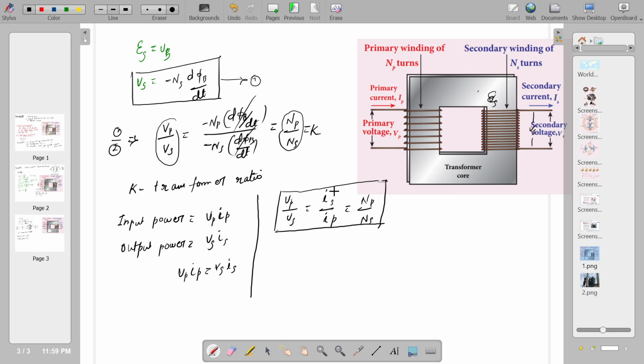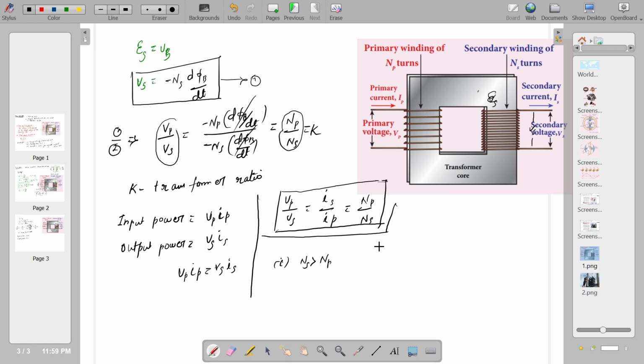So the first thing we want to note down is case 1. Suppose the number of turns in the secondary is greater than in the primary coil; you can look at the relation. If the primary is greater compared to the secondary, then the primary voltage is greater than the secondary voltage.